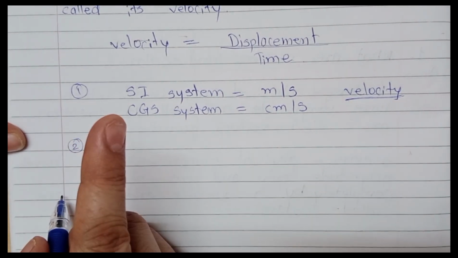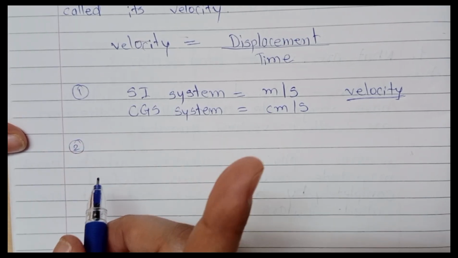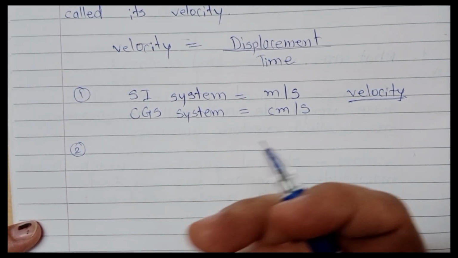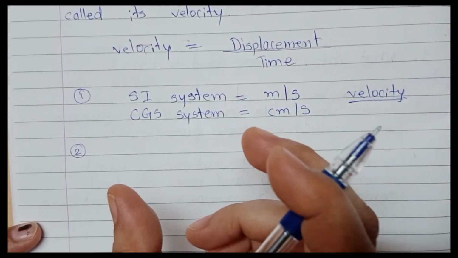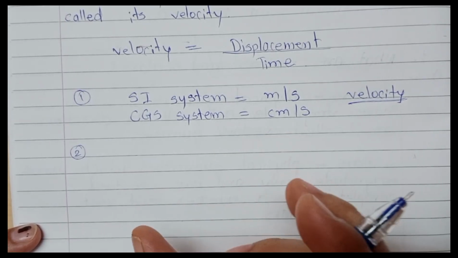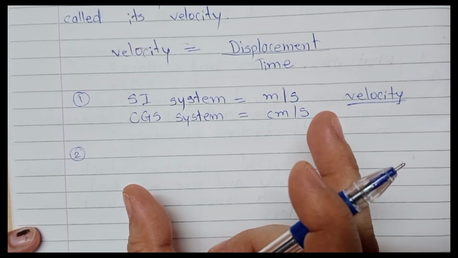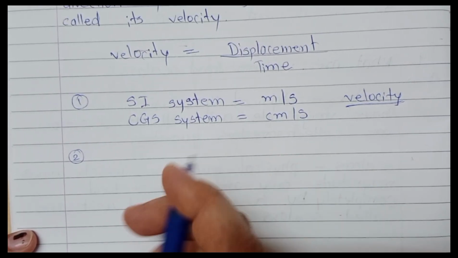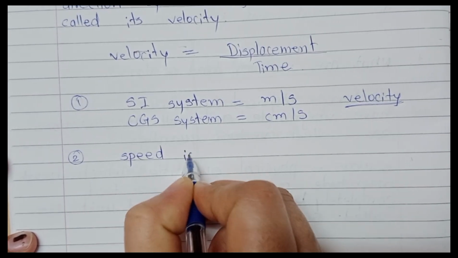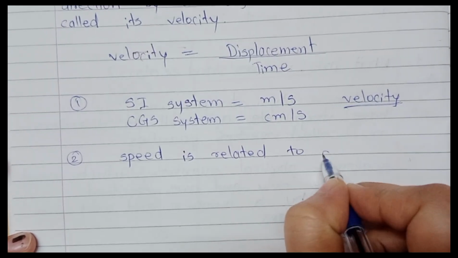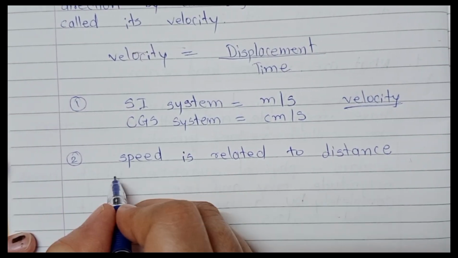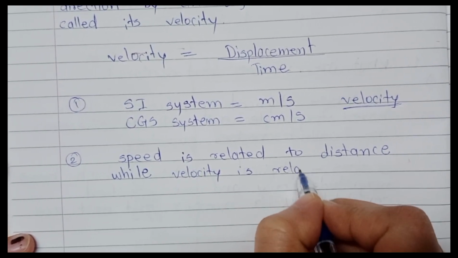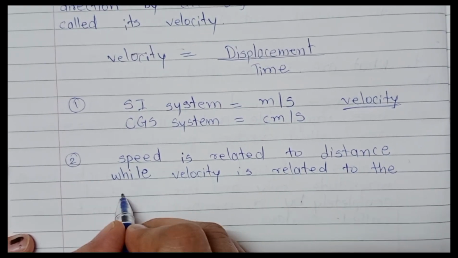Speed is related to distance, the path traveled by that object, and velocity is related to displacement, meaning the shortest distance between the two points.